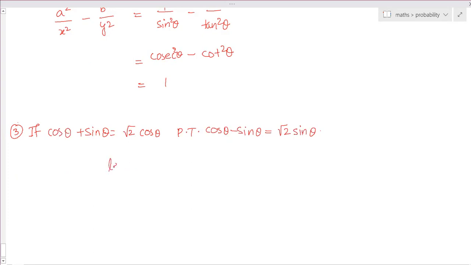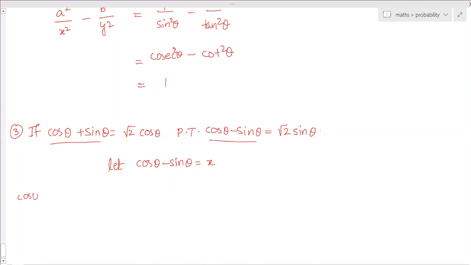So we will consider, let cos theta minus sin theta is equal to x. So we have to find out this value of x as root 2 sin theta. For that, what you have to do is take the square of this term plus the square of this term.